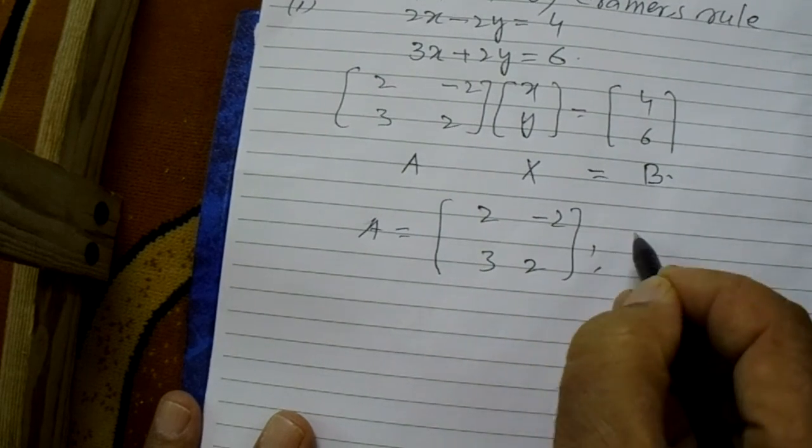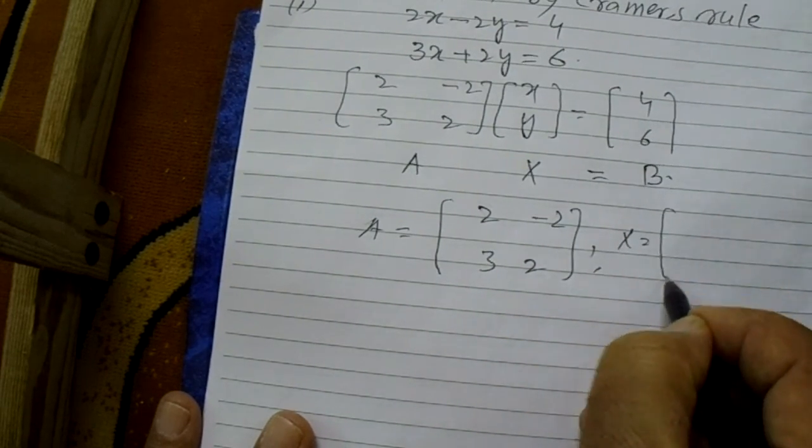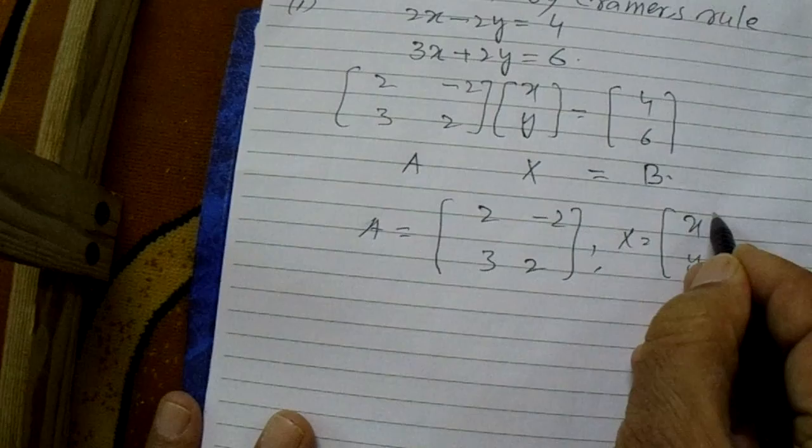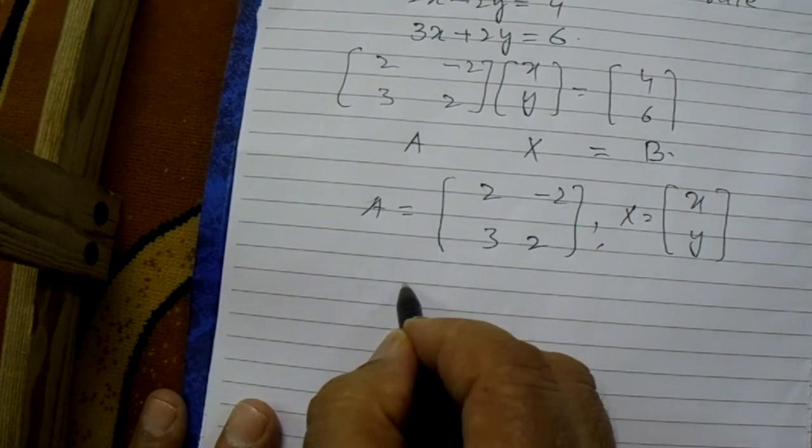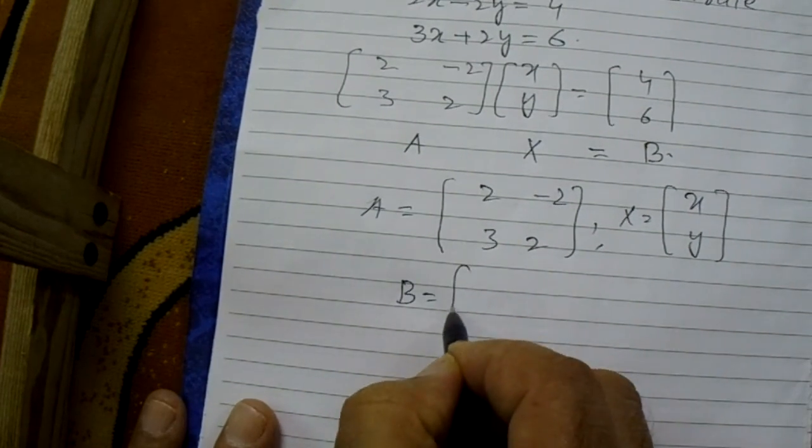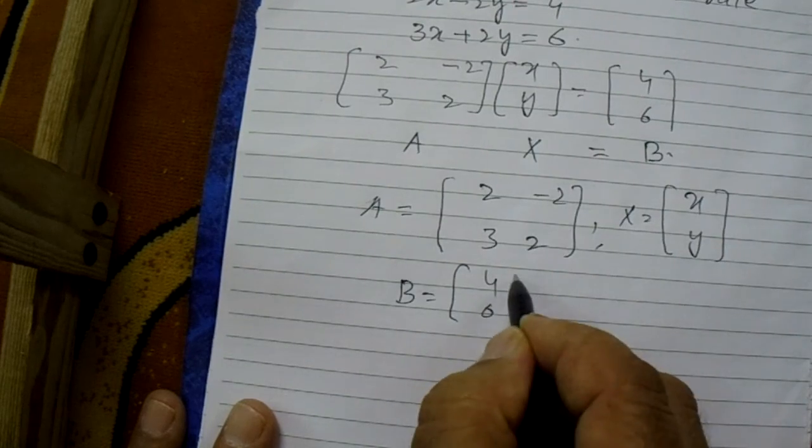Again X is equal to XY, and we also know that B is equal to 4 and 6.